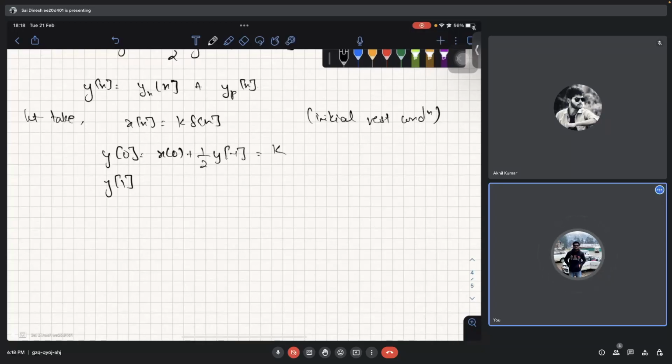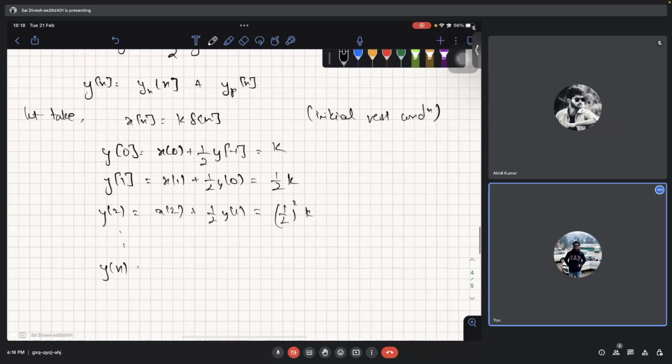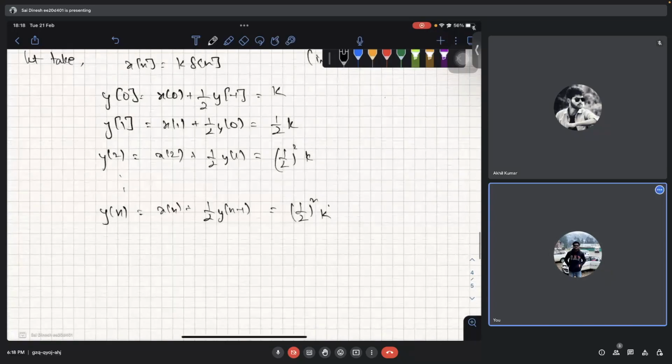So if we continue this, y of 1 is equal to x of 1 plus half y of 0, which is half k, and then y of 2 is x of 2 plus half y of 1, and so on, up to y of n equal to x of n plus half y of n minus 1, which is 1 by 2 power n plus 1 times k. So we are doing it in a recursive manner, right?